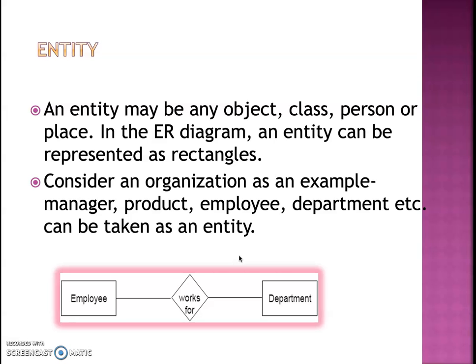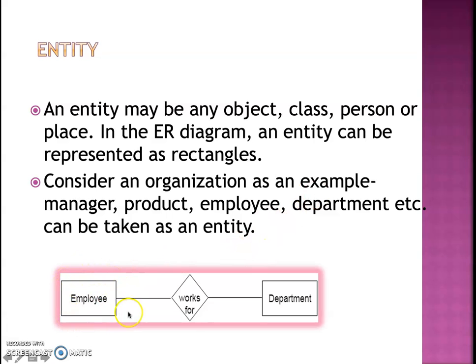We will talk about entities. An entity is an object like a class, a person, or a place. In an ER diagram, an entity is represented as a rectangle.